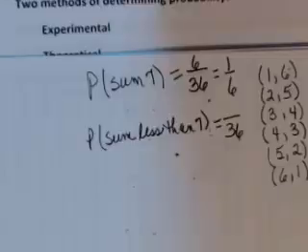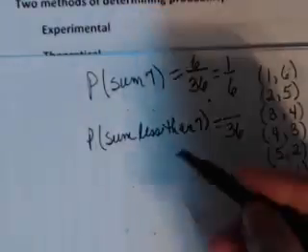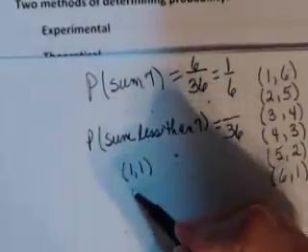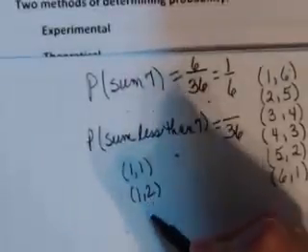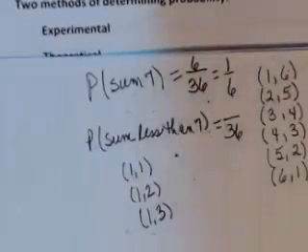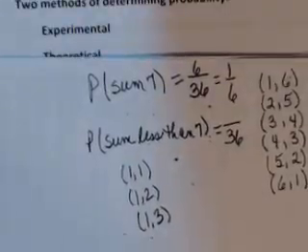And so it's a matter of just adding up all the sums and seeing how many of them have a sum less than 7. For example, a 1, 1 would, and a 1, 2, and a 1, 3. So it's just listing them and counting the number that meet that criteria.